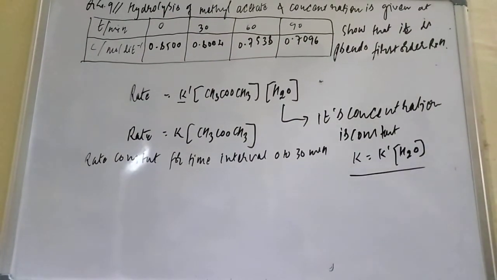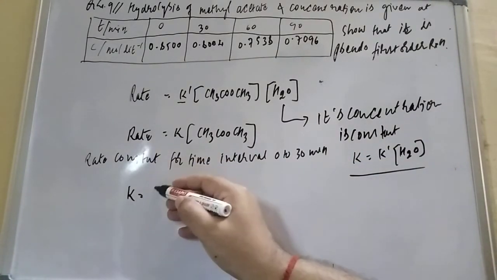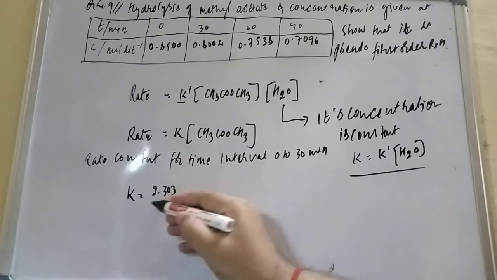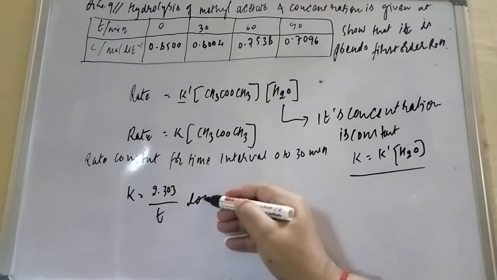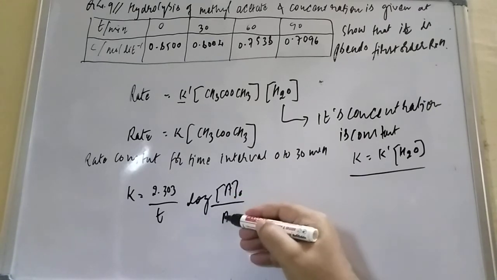From the first order derivation, K is equal to 2.303 upon t, log of initial concentration upon final concentration.